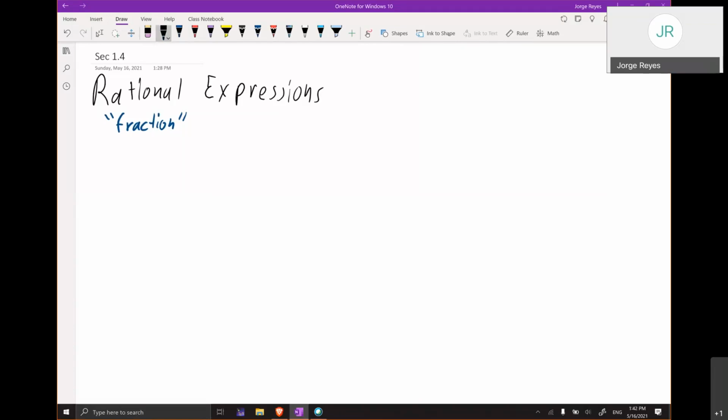That's really what math people mean when we say rational. So, rational expressions are basically fractions with polynomials as the numerator and the denominator.